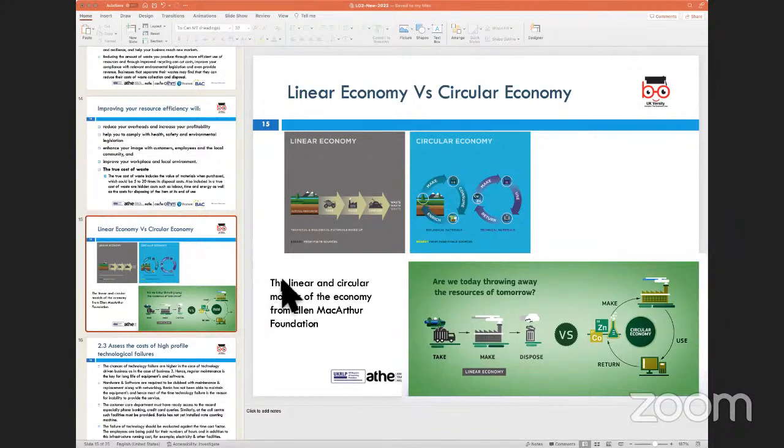So this is a theoretical concept you need to be aware of, that 30, 40 years back it was linear economy, but today the concept is circular economy, which means we make, we consume, and we reuse or recycle whatever is possible once the product or the service has been used for the life or cycle of the service that the product actually provides. Is that okay?